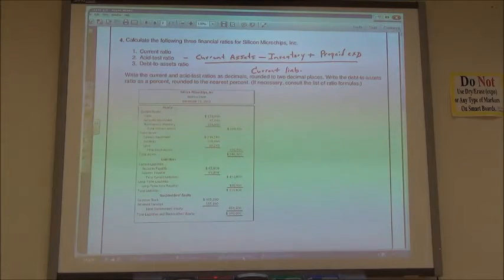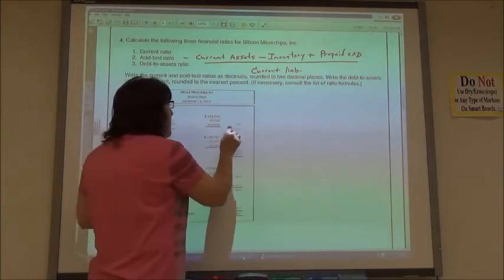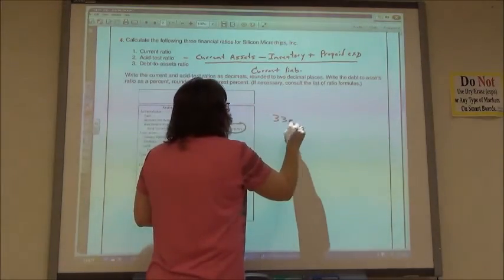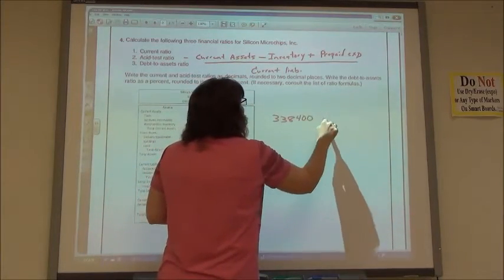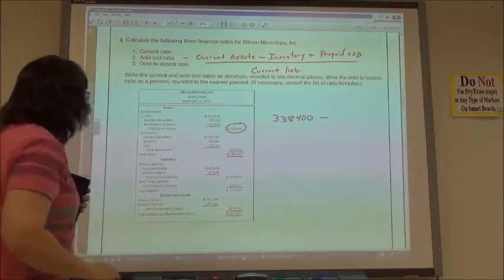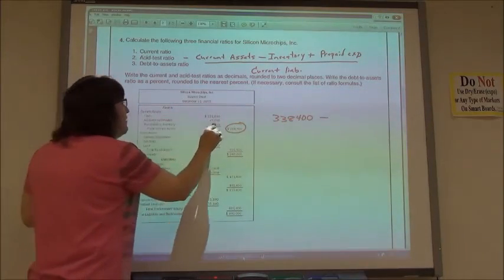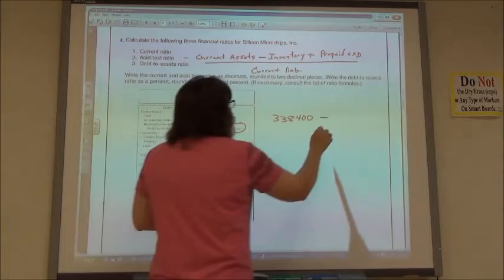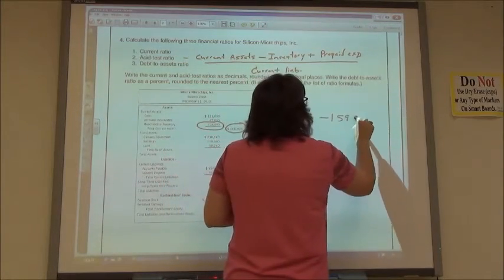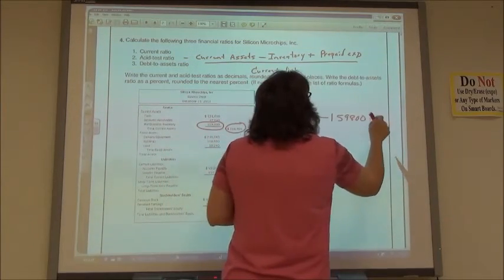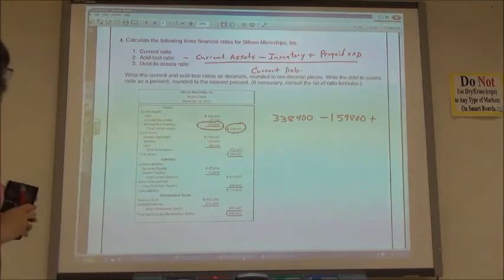So my current assets again is 338,400. I've got to subtract my inventory, so my merchandise inventory is right here, 159,800, and I have to add my prepaid expenses.